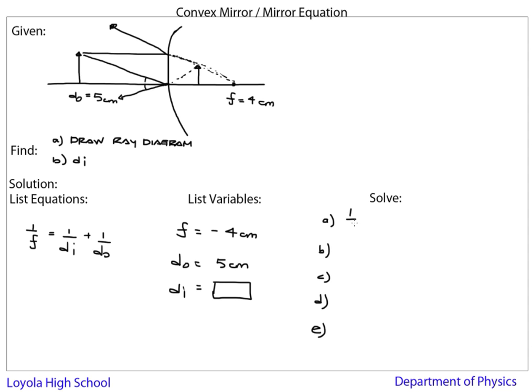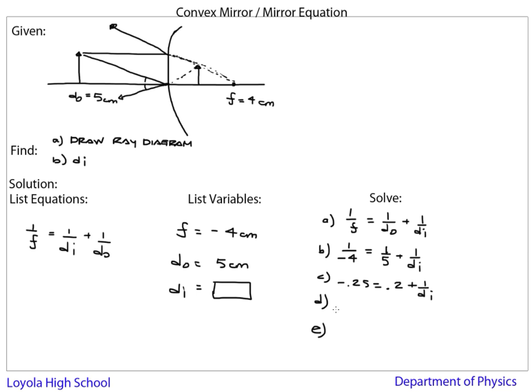So 1/f is equal to 1/do plus 1/di. I think I flipped the order here, but it's just addition. So since we have a virtual focal point, this is going to be negative 4. Negative 1/4 equals 1/5 plus 1/di. This is going to be negative 0.25 equals positive 0.2 plus 1/di.